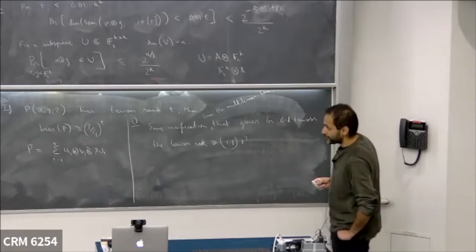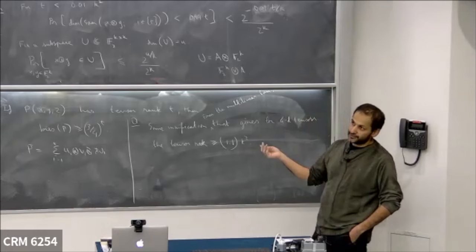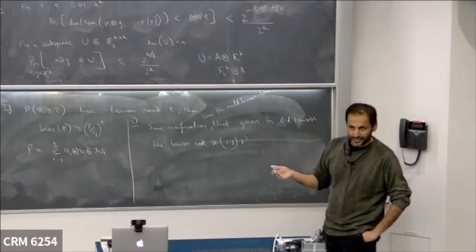A very nice open question is to give an explicit degree 3 polynomial which has low correlation with the degree 2 polynomials.